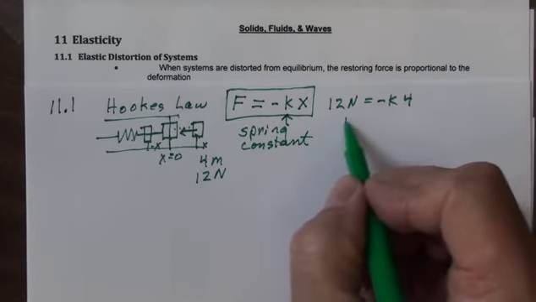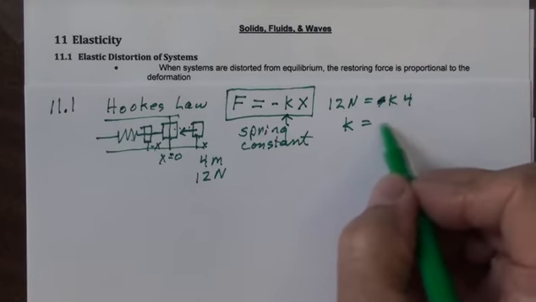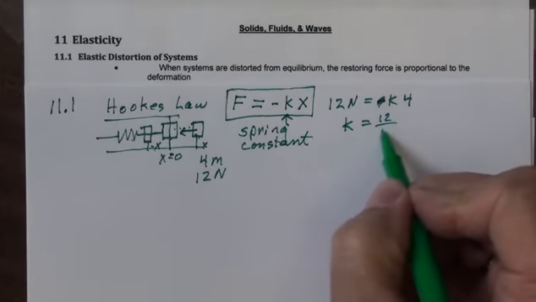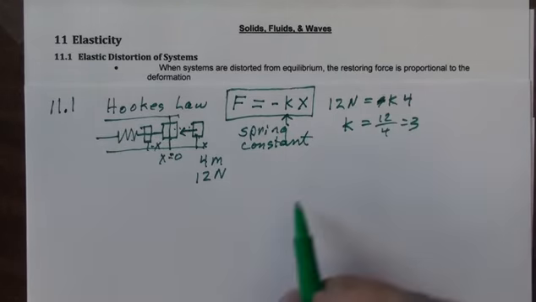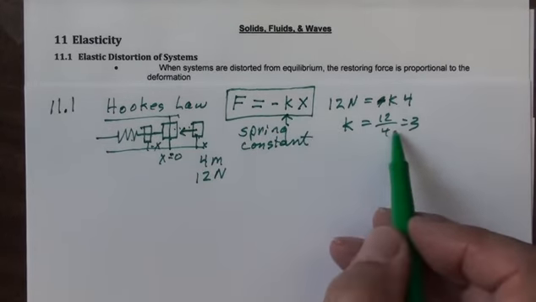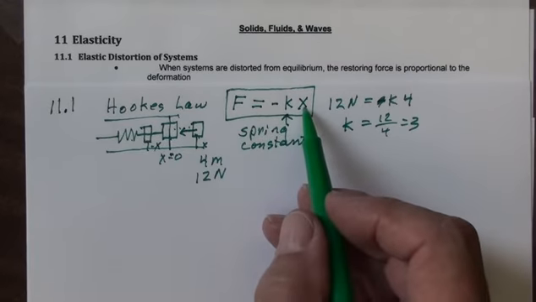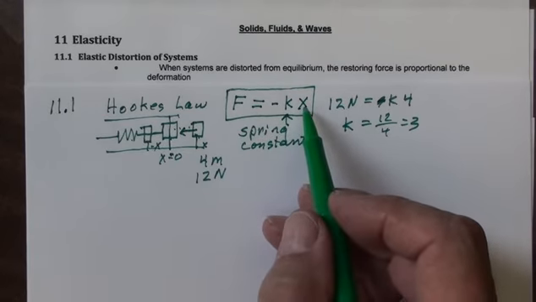And so therefore k is going to be equal to, we can forget the minus sign here, the magnitude of k is going to be equal to 12 over 4, or 3. And therefore, anytime we distort by any other distance, we can put k equal to 3 in this equation and get the force for any amount of distortion.